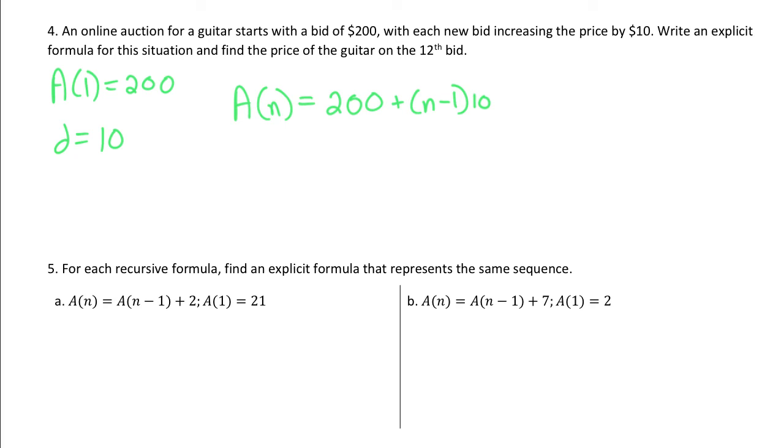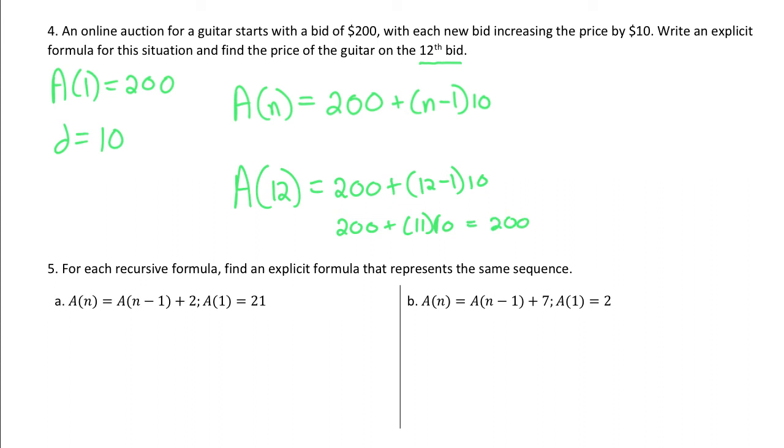Now, to find the price of the guitar on the 12th bid, that means we are finding the 12th term in the sequence. So we substitute 12 in for n. This becomes 200 plus 12 minus 1 times 10, or 200 plus 11 times 10, which is 200 plus 110.